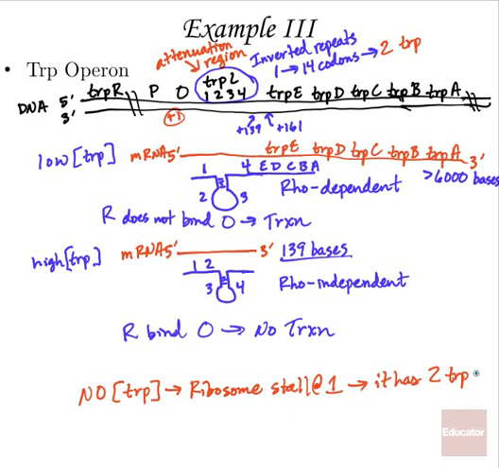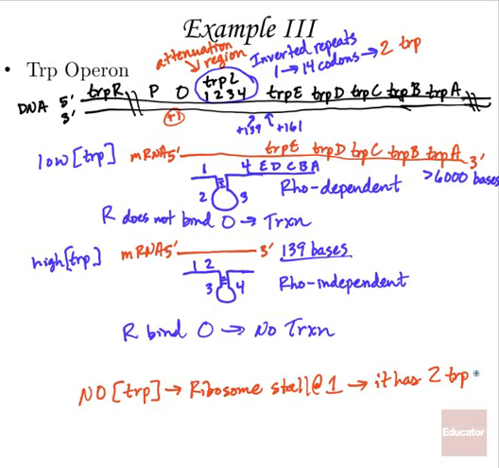Now, this attenuation is a way to regulate gene transcription about 8 to 10-fold. You can do repression using that repressor protein, which gives you regulation about 70-fold, and attenuation and repression together can give you overall gene regulation of around 600-fold.